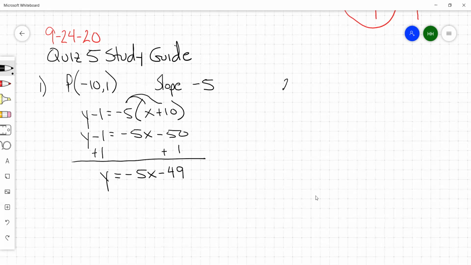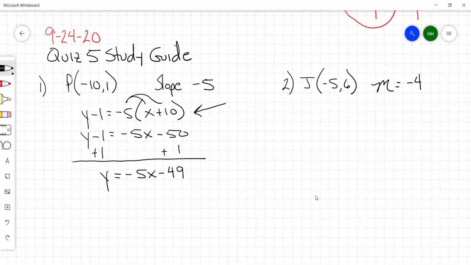Then question number 2 asks you to write an equation in point-slope form, and they give you the point negative 5, 6, and slope, or m, equals negative 4. So look, you do the same thing that we just did right here. That's point-slope form.